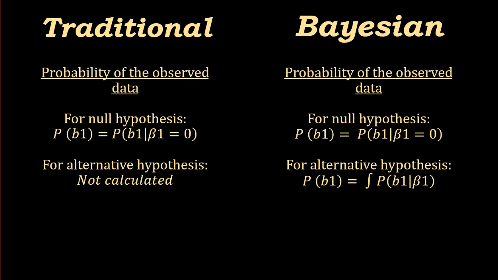In the alternative hypothesis, this is not calculated, but in the Bayesian approach, we do calculate that. Probability of B1, now it's an integral of the probabilities of B1 given all the beta 1s. So for each beta 1, we obtain what was the probability of observing the B1 we observed in our sample, and we integrate all these values to obtain that probability.